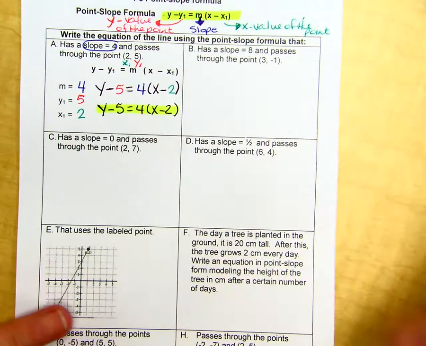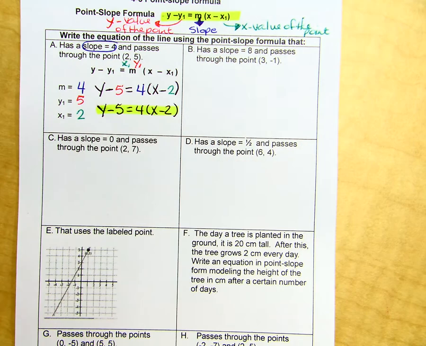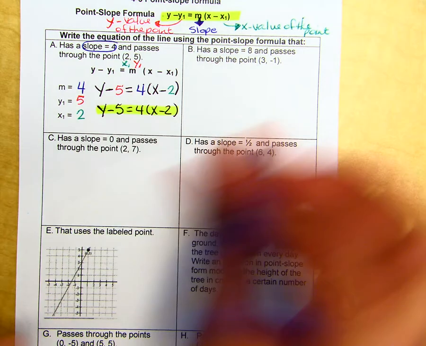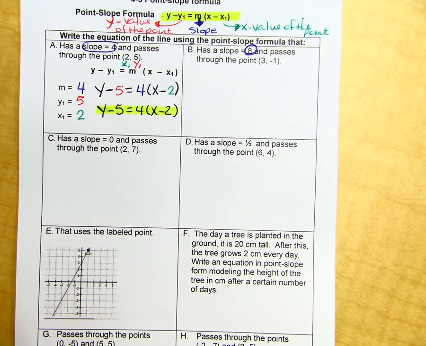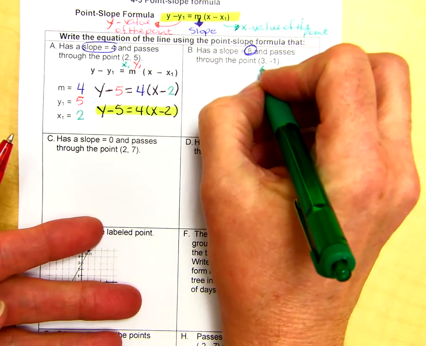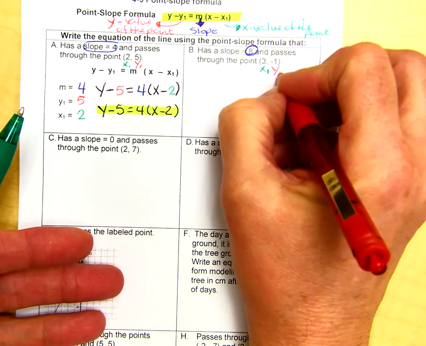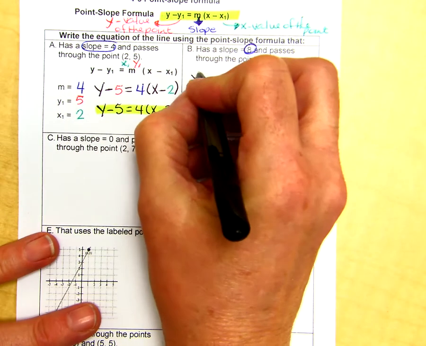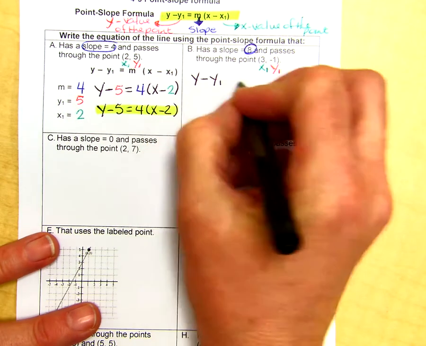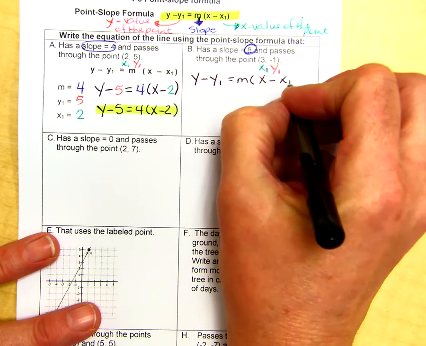So looking at B, has a slope of 8 and passes through this point. So let's identify our slope, our x sub 1, and our y sub 1. So we have the formula y minus y sub 1 equals m times x minus x sub 1.